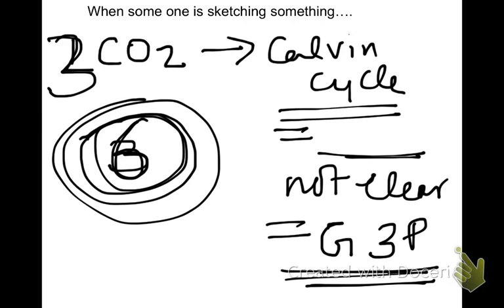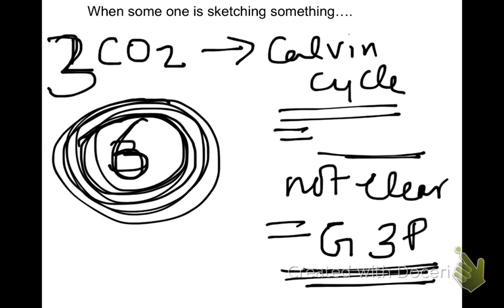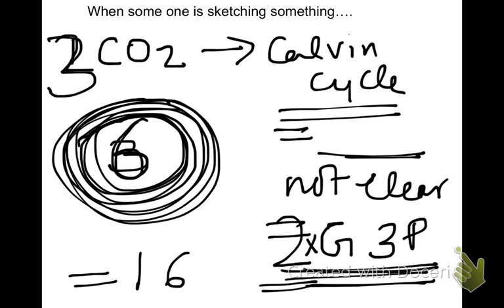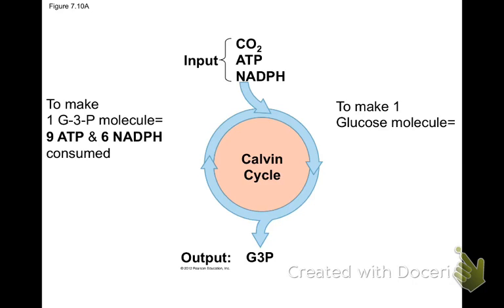So 1, 2, 3 will give me one G3P. 4, 5, 6 will give me another G3P. And this can become one 6 carbon molecule, which is glucose. Is that clear? So that will help us understand the next page. To make matters understandable, the textbook asks us to follow it this way.